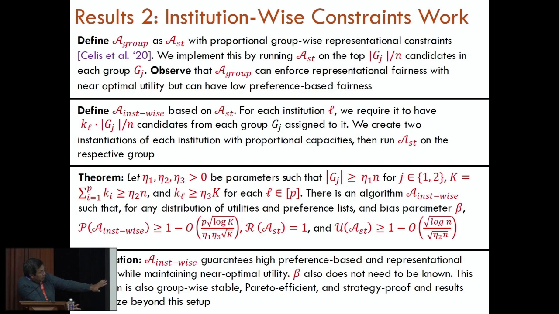So if you ignore that term 1 minus order of that thing inside the bracket, which is going to 0 as k is going to infinity, then in all of these metrics we have the desirable properties of this algorithm.